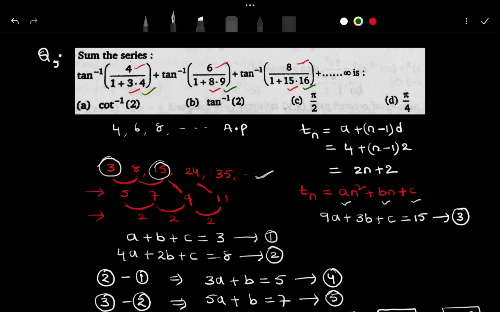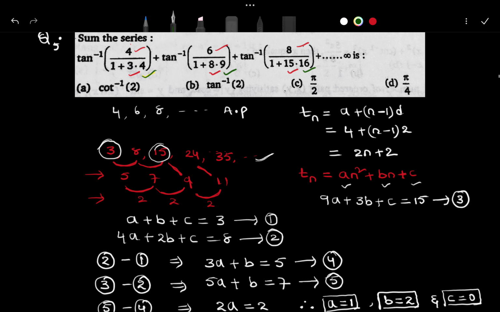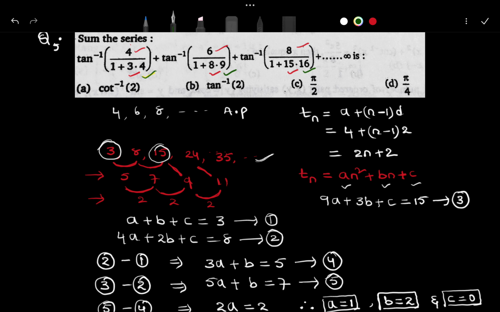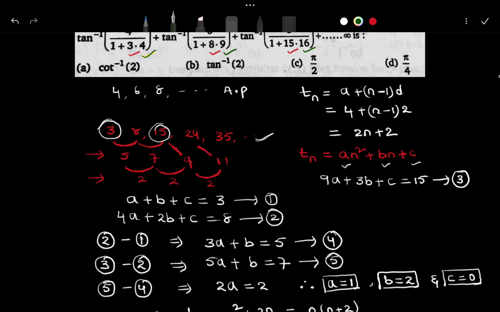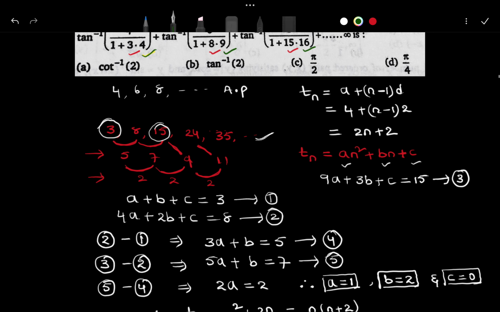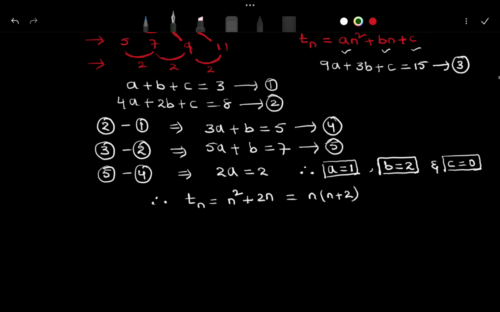So what will be the nth term of these numbers? You can find 4, 9, and 16, and so on.